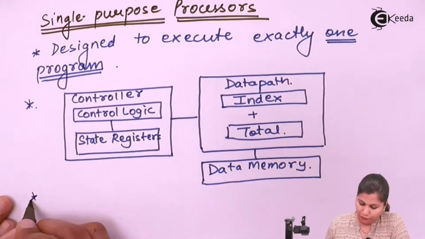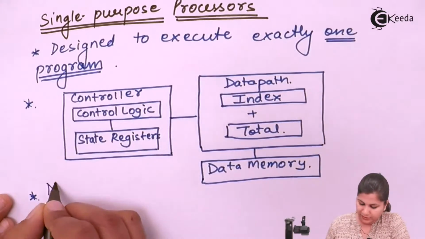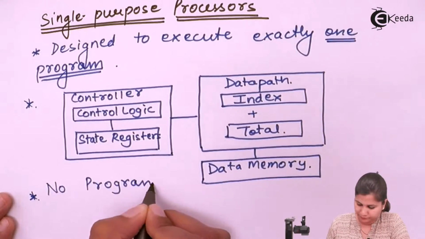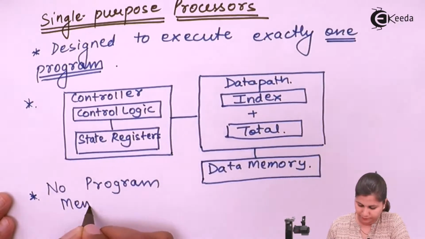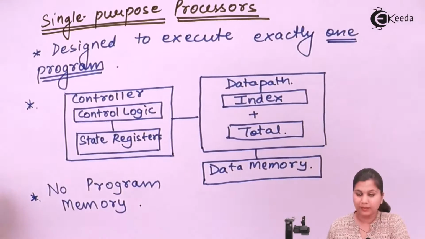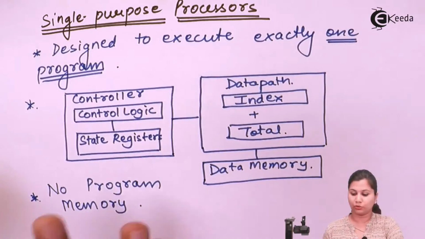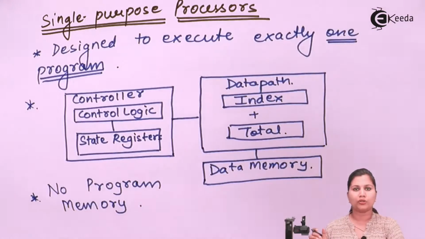So the feature of this single purpose processor is that there is no program memory, and it will contain only the components needed to execute that single program. So a limited number of components will be present.